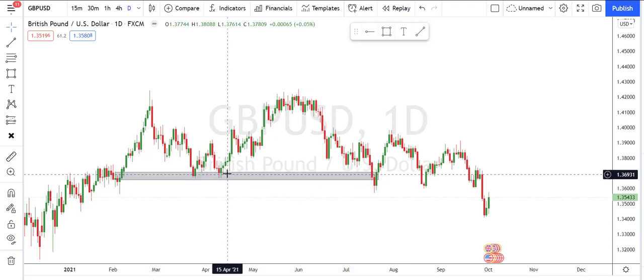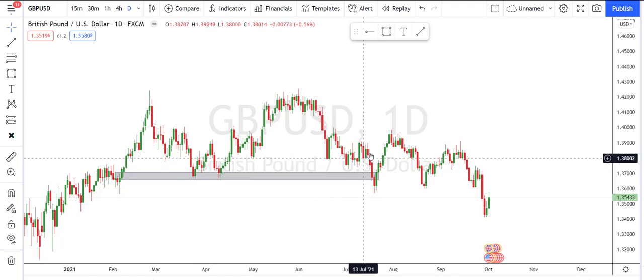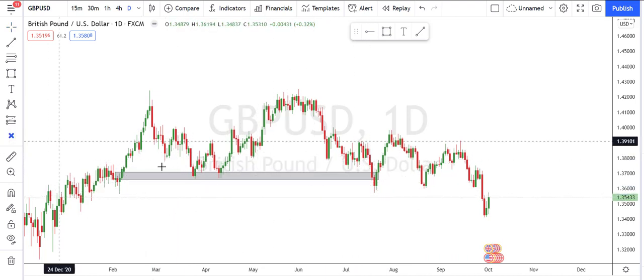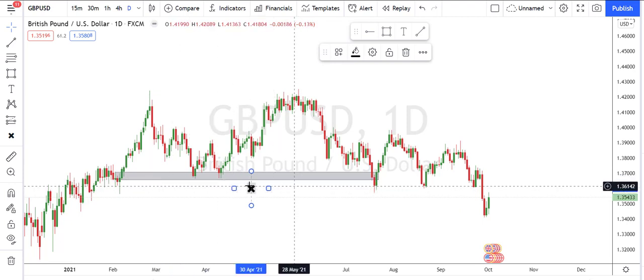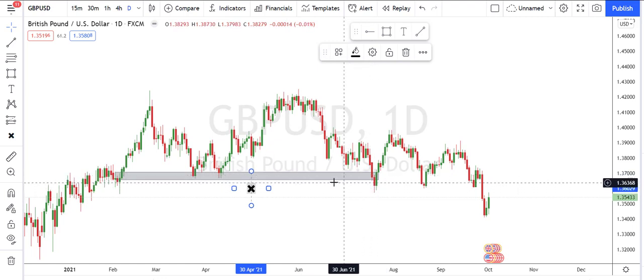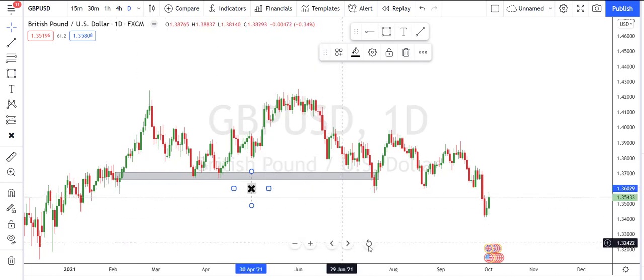And whenever price creates support like this, we know that a lot of retail traders will take buy orders from here, and they will have their SL right here. So this is a kind of SL pool of retail traders, and as you can see with the movement of these candles right here, price grabbed the SL of retail traders in this area.